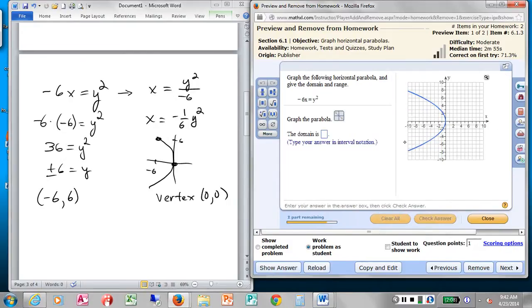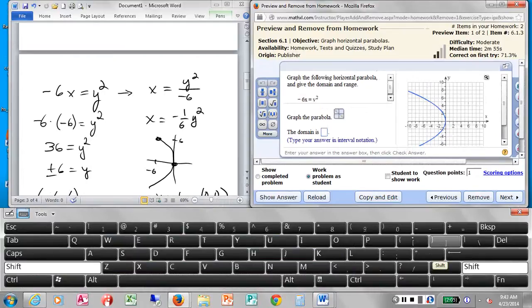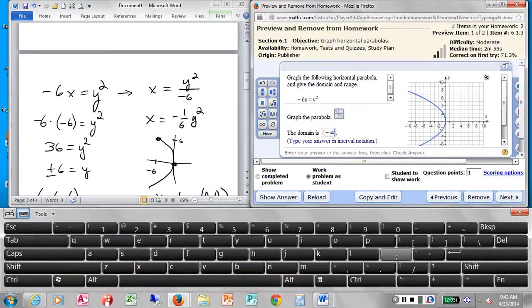Now this one too, we also wanted domain and range, getting back to that. The domain are the x values here. Well, the x values do go from 0 out to negative infinity, actually negative infinity to 0 is how we would write that. Negative infinity, comma, 0. Oh, and actually 0 is included, so we'd need a bracket on the 0.